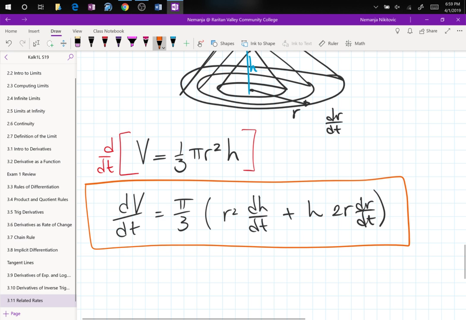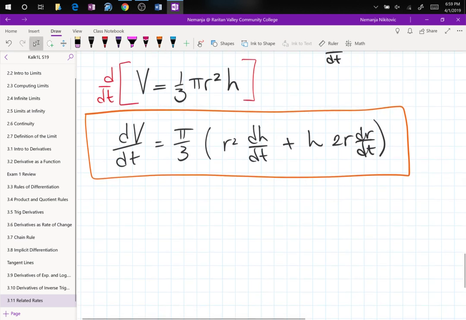Now, usually we don't have all of the information to calculate here, so we look for extra relationships that are given to us in the text of the problem, or you just look for those relationships if you're out in the field. One of those relationships would be similar triangles, right?